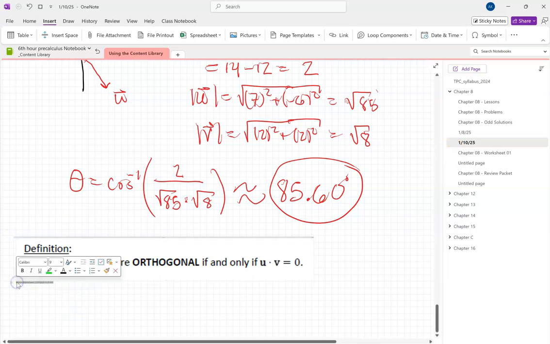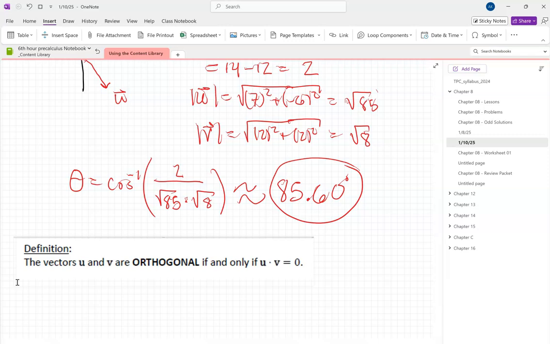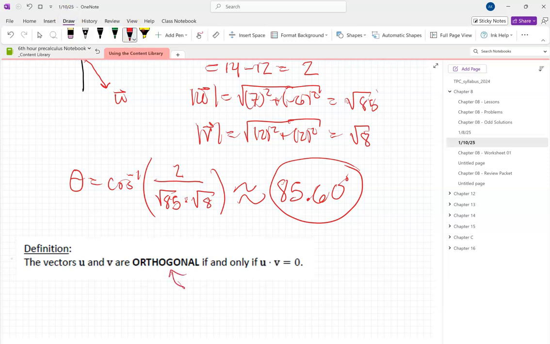And the easiest way to check for that is if their dot product is 0. So orthogonal just means that the angle between those two vectors is 90 degrees.